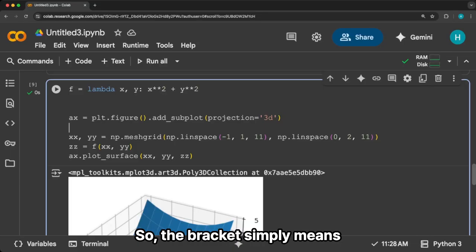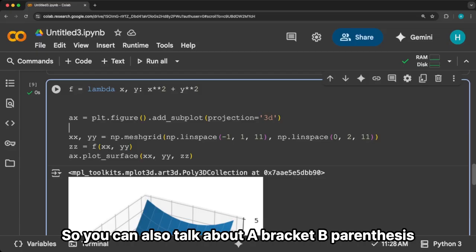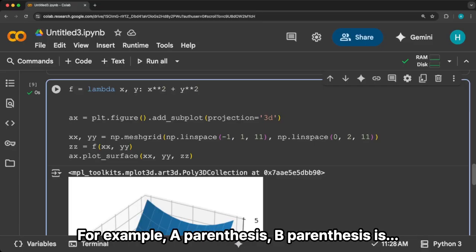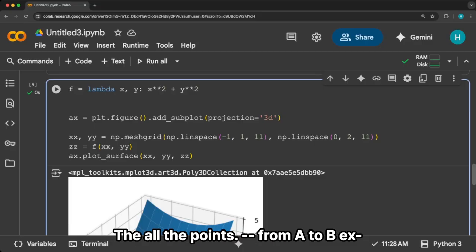So the bracket simply means that we include the endpoints. You can also talk about A bracket B parenthesis and A parenthesis B parenthesis. For example, A parenthesis B parenthesis is all the points from A to B, excluding these two endpoints.